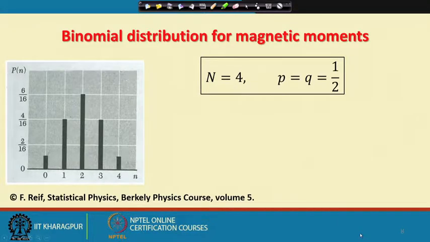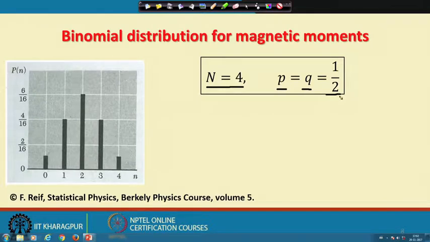So, let us now have a look at how the binomial distribution looks for a small number of spin half particles. In this example, we have taken capital N equal to 4, and we have also fixed the individual probabilities of having up and down spins equal to half. And what does it mean?